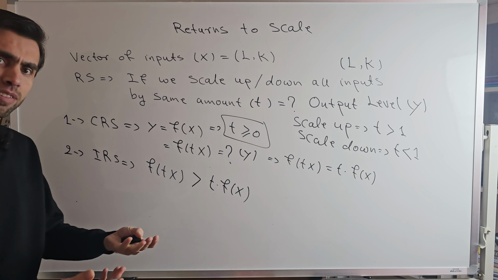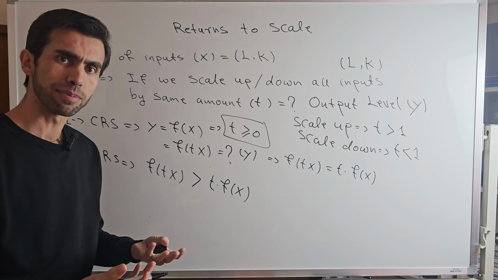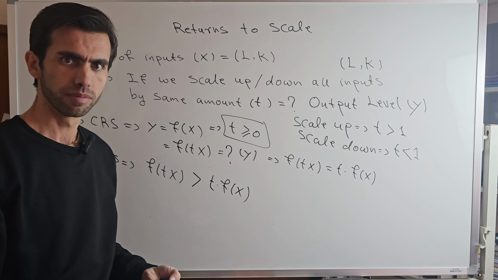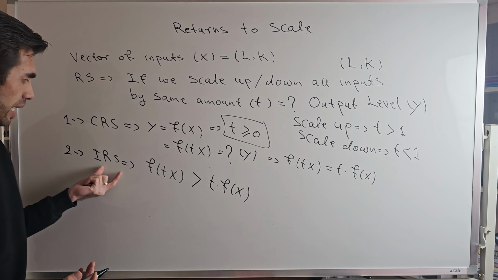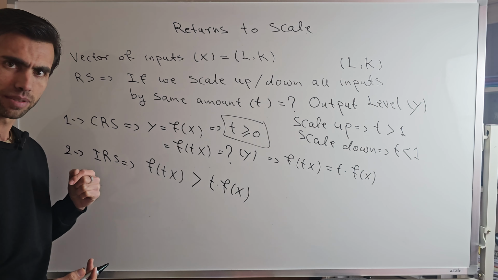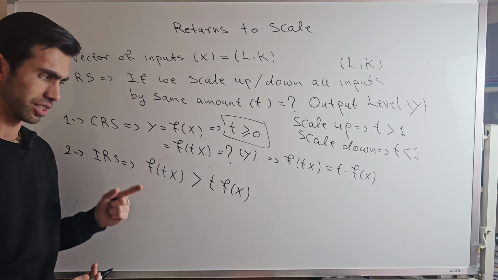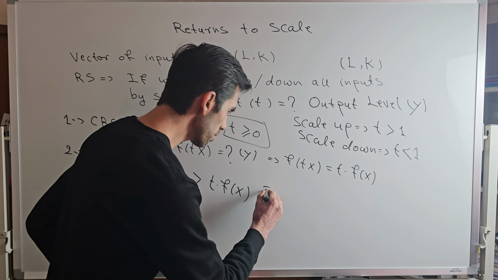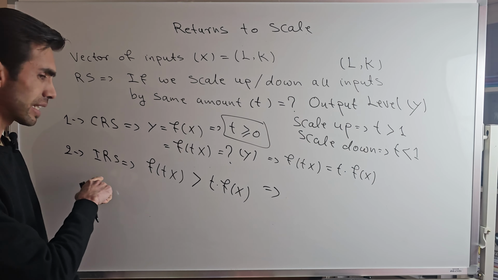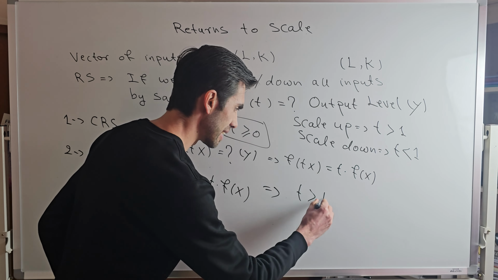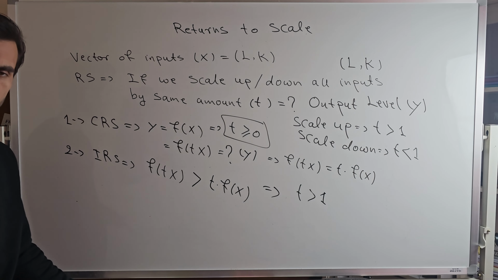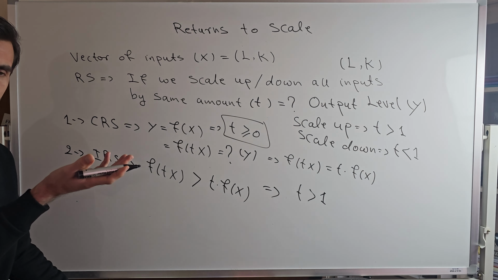That means if we double inputs, the output increases, but by more than double. It's called increasing returns to scale. And in the concept of increasing returns to scale, t is greater than 1 because we are scaling up.